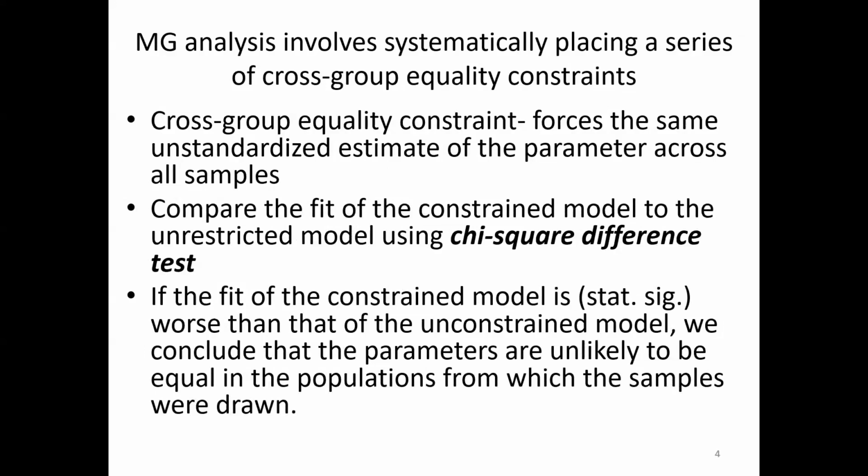That's an important point, and it's true anytime we do these things. When we constrain these two paths across the groups, we are actually constraining the unstandardized coefficient to be equal across the two groups.